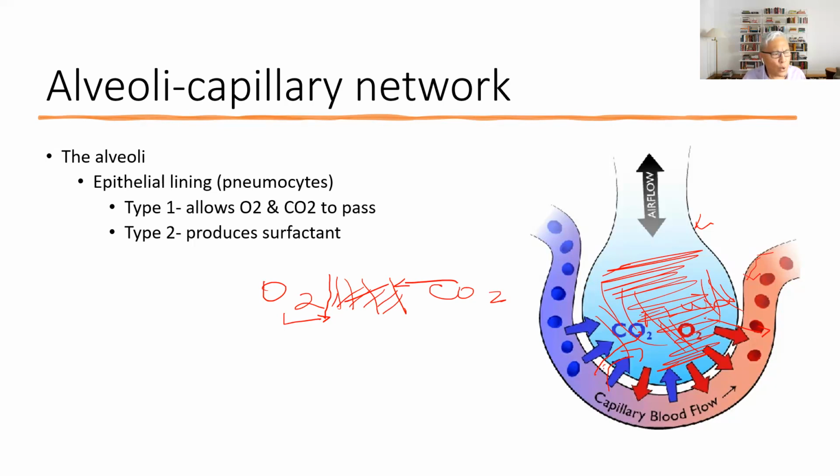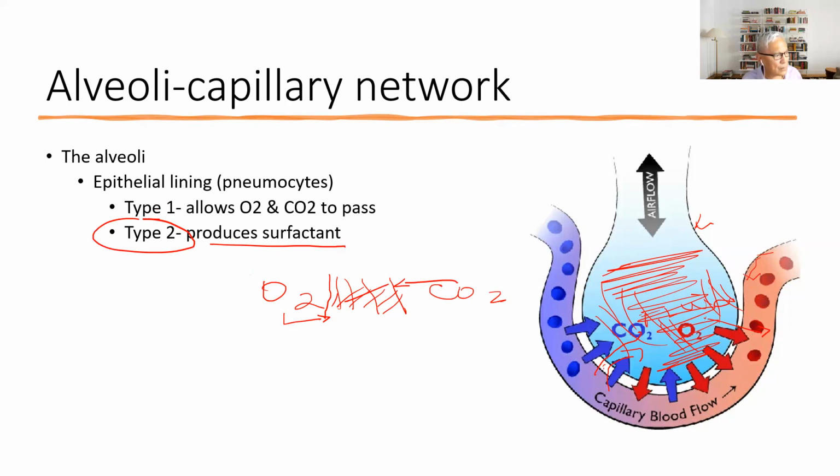All right, so in our alveoli, there are two types of epithelial linings or pneumocytes. Type 1 pneumocytes are the ones that allow the oxygen and carbon dioxide to pass. But there's also another type of epithelial lining, and these are the type 2 cells, and this type 2 produces surfactant.